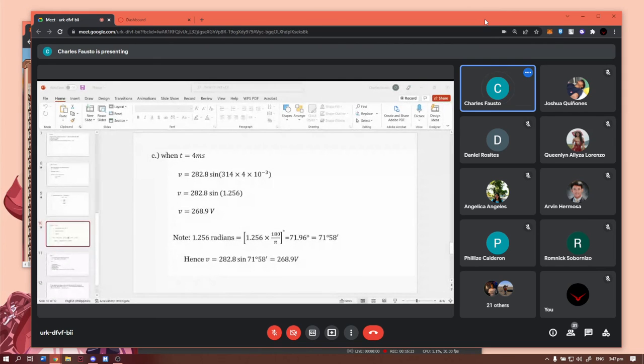Okay, so may mga pumapasok pa. Anong oras na? Ayan. Okay, naintindihan naman? Walang tanong?